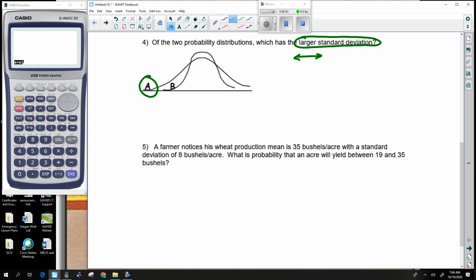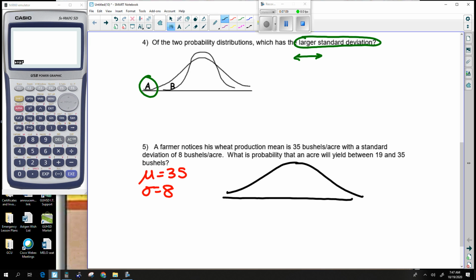A farmer notices his wheat production mean, his average, is 35 bushels per acre with a standard deviation of 8 bushels. So this is the average, that is the 35. And then each standard deviation is 8. So that would be 43, 51, and 59.